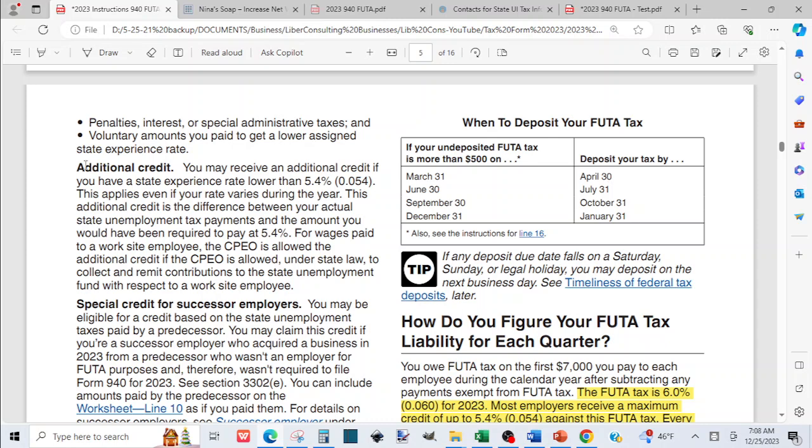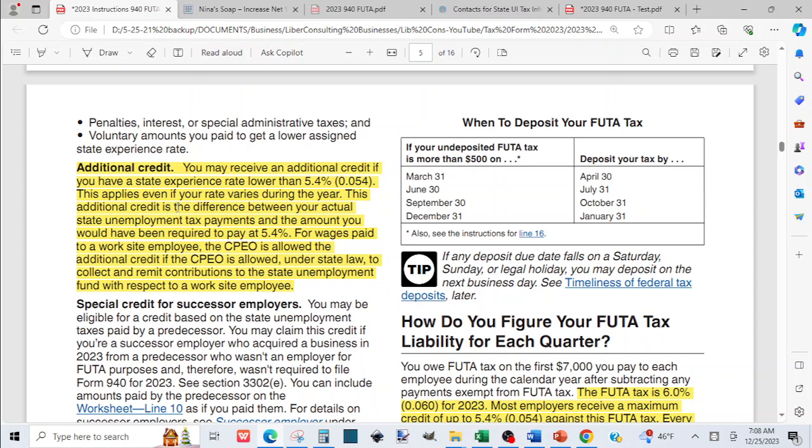Okay, so yeah, it's very important to read this section. You may receive an additional credit if you have a state experience rate lower than 5.4%.